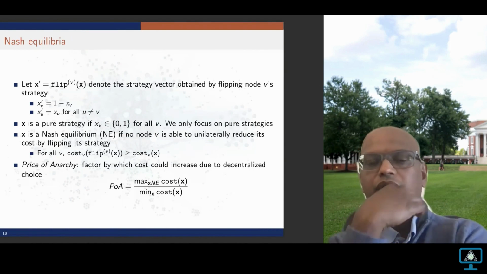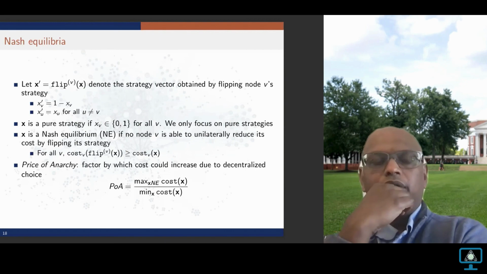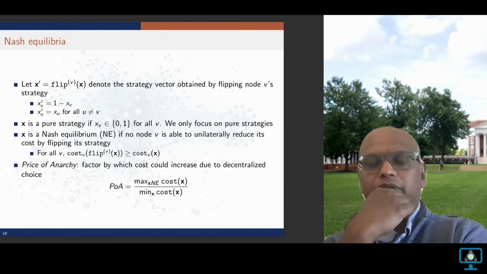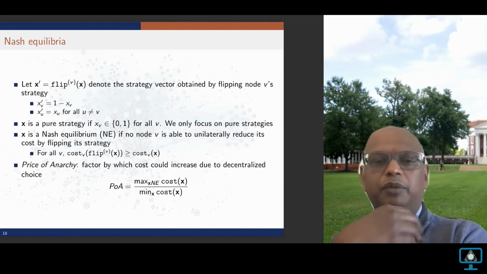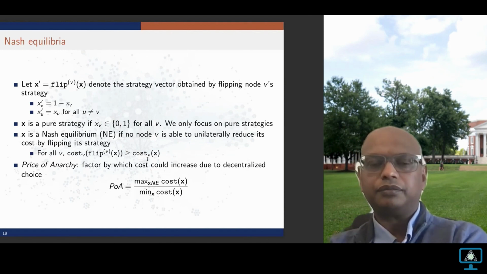This is as opposed to mixed, in which it can be a fraction, in which case it would be the probability that the node decides to vaccinate. So x is a Nash equilibrium if no node is able to unilaterally reduce its cost by flipping its strategy. So basically for all v, the cost of flipping is not less than its current cost.